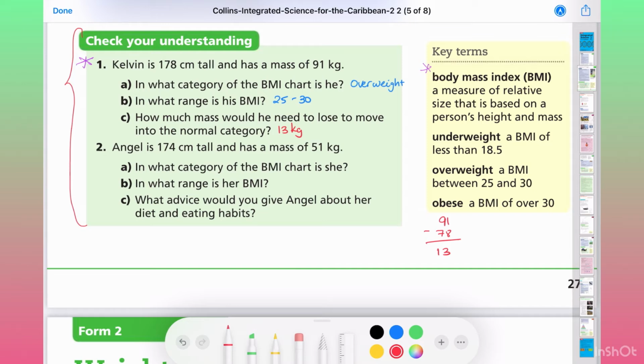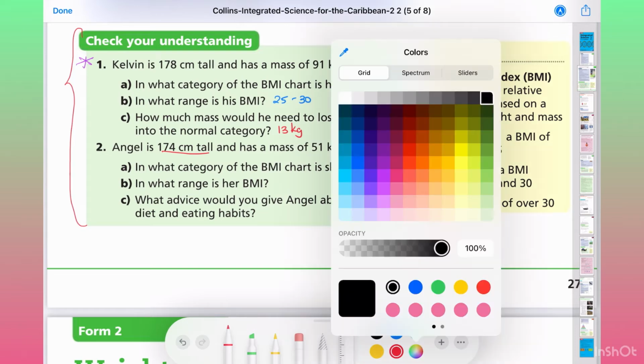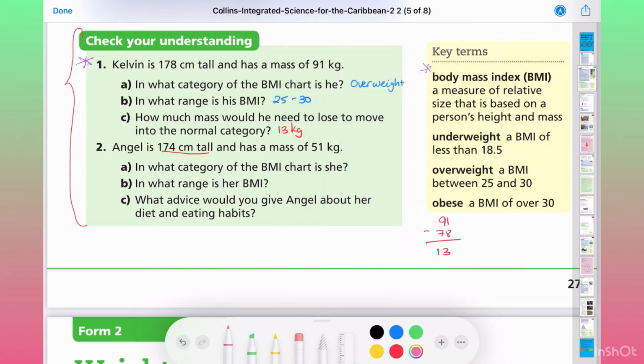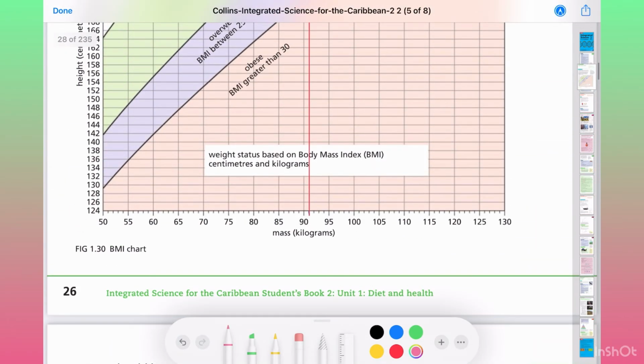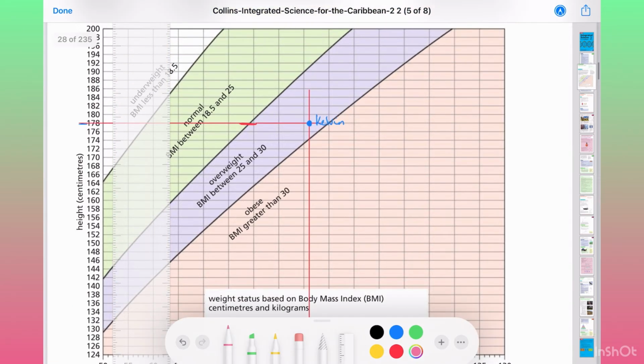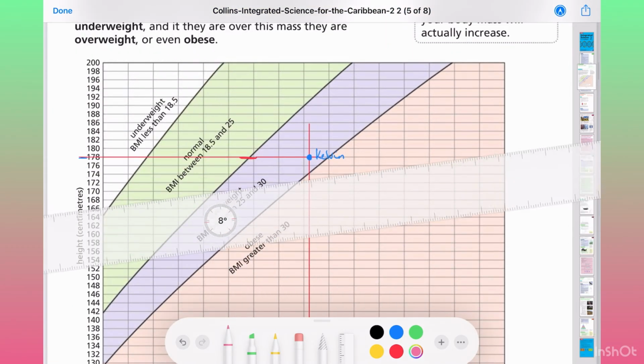Angela is 174 centimeters tall. So I'm going to use pink to represent Angela. So Angela is 174 centimeters tall, and she has a mass of 51 kilograms. So let's see where she is. So we're looking at 174.